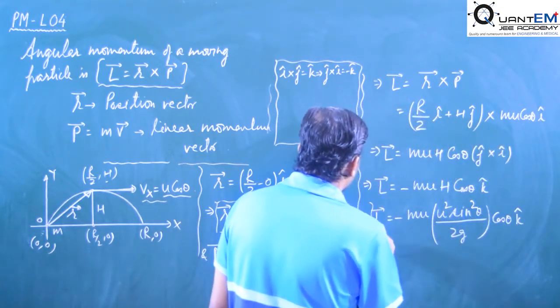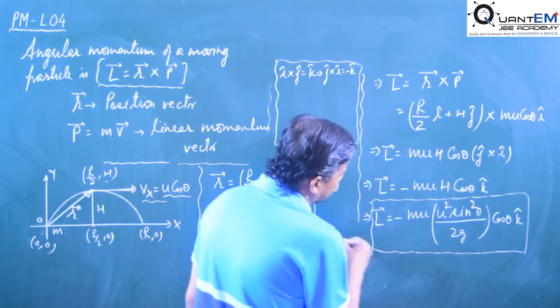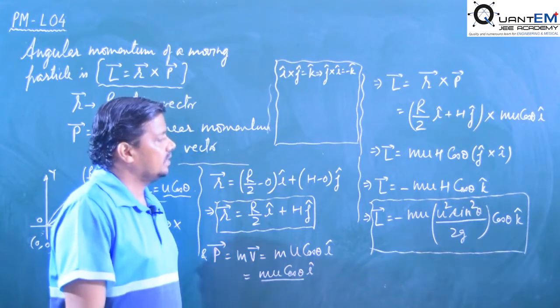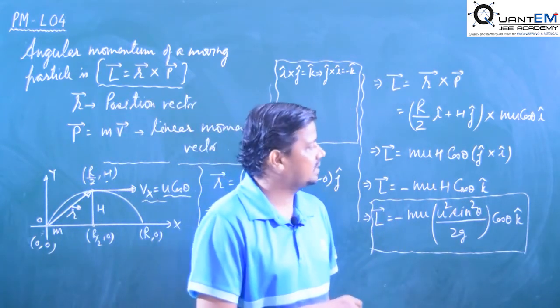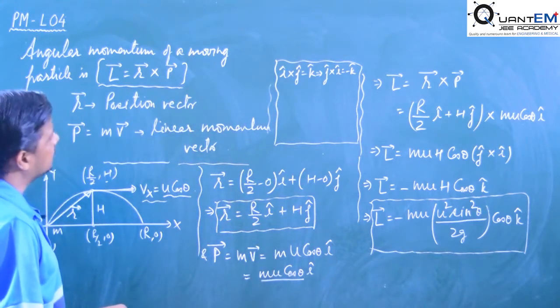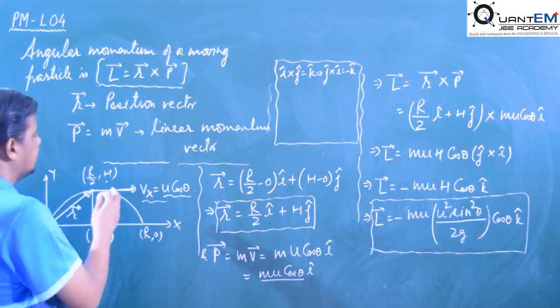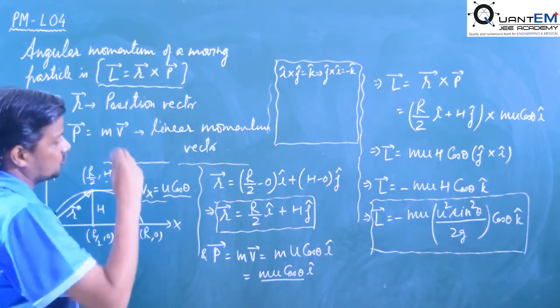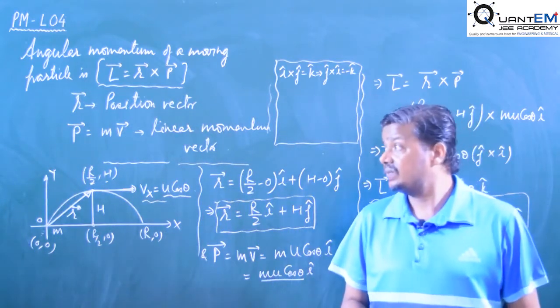So this is the angular momentum vector of the projectile about the point of projection at the moment it is at maximum height. For any point you may have to find the angular momentum: simply get the position vector and the momentum vector, use the cross product formula, and you will get the angular momentum vector.